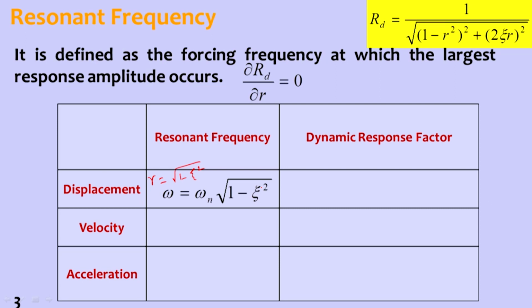Now, let us look at velocity. What is the resonating frequency for velocity? If we differentiate RV with R, dRV by dR, and equate it to 0, omega becomes equal to omega n, that means R is equal to 1. Usually we believe that the resonating condition occurs when omega is equal to omega n.